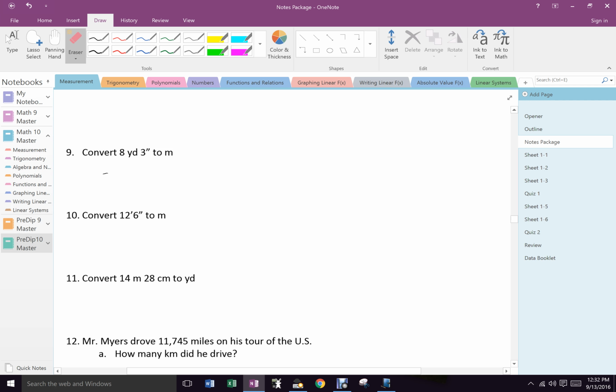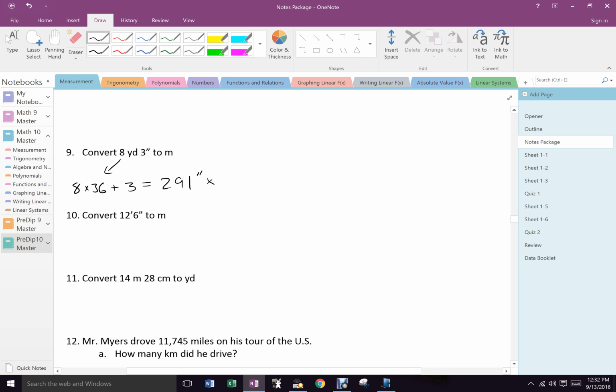Okay, so what's weird about number 9? It's yards and inches, yeah? So you've got to convert something else, right? So what I did was I took my 8 yards and I went 8 times 36, because there's 36 inches to a yard, yeah? And then I added these 3 inches. 8 times 36 is 288, plus 3 is 291 inches. But I need meters.